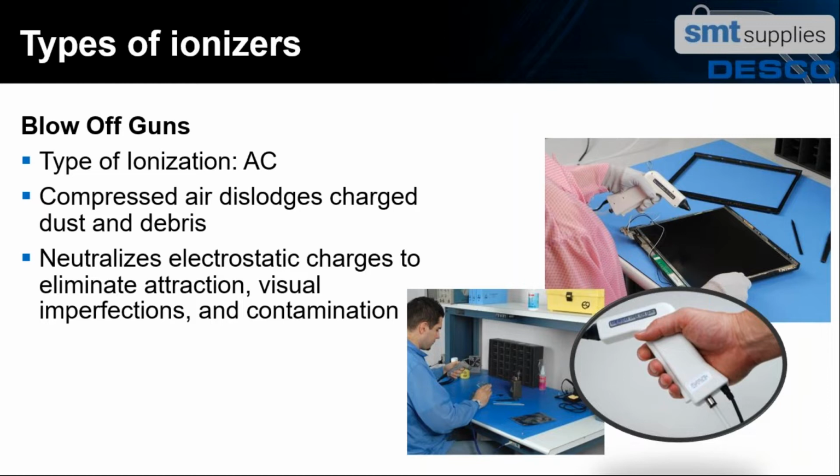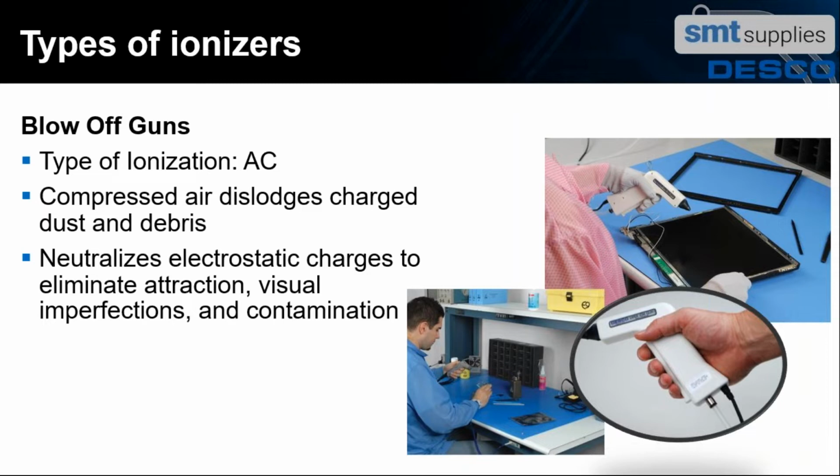So the question is, why would you even want a gun? Well, sometimes there's debris on surfaces that is there because it's charged and it's attracted to that material, and the air itself won't remove that debris.